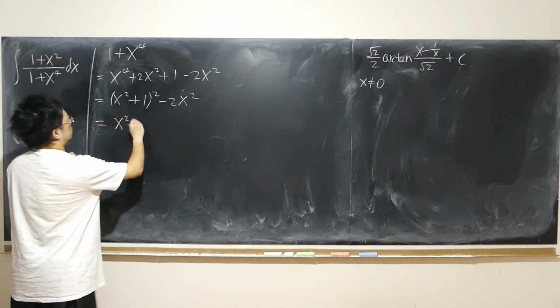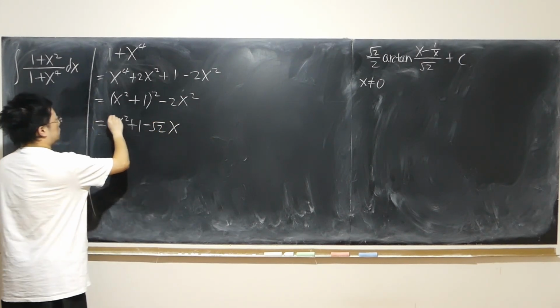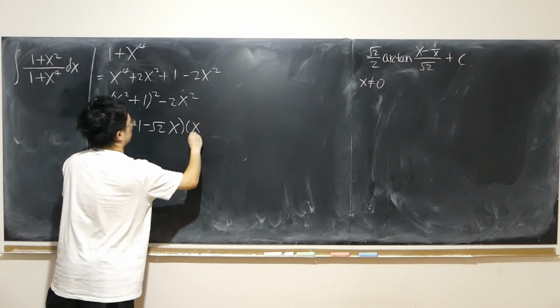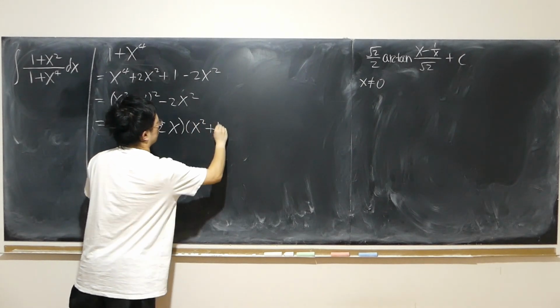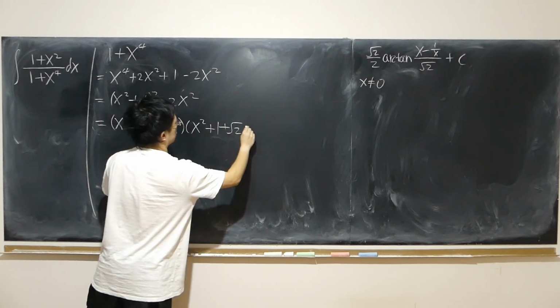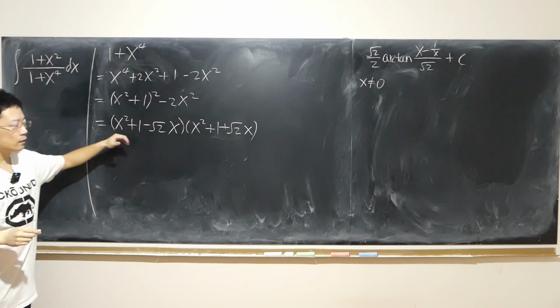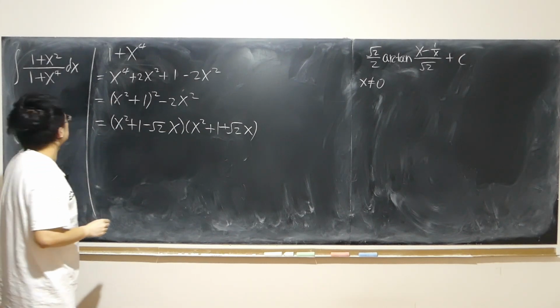So that is x squared plus 1 minus square root of 2x, times x squared plus 1 plus square root of 2x. Now I can use partial fraction decomposition.